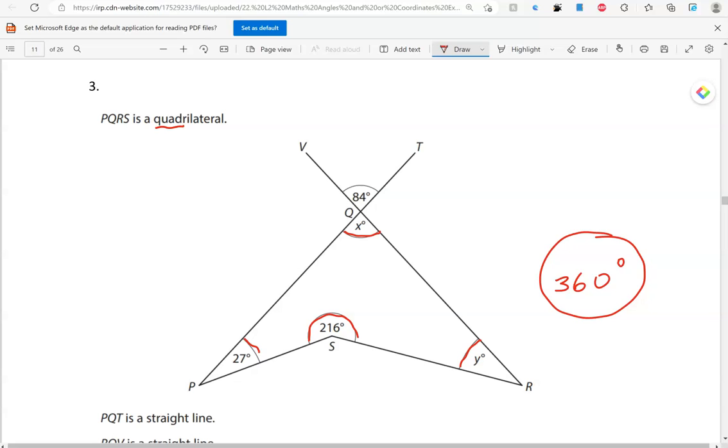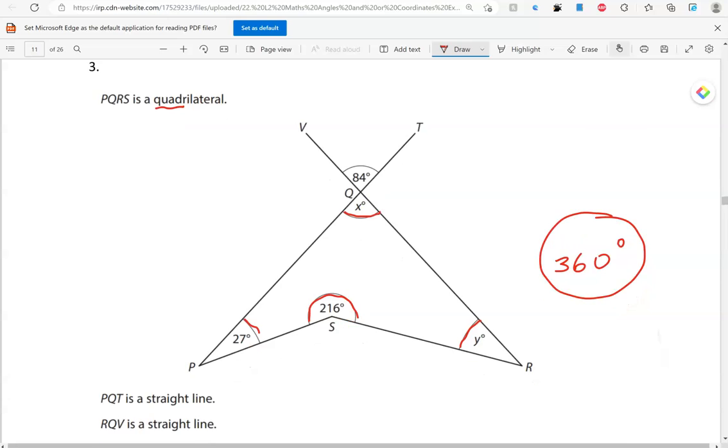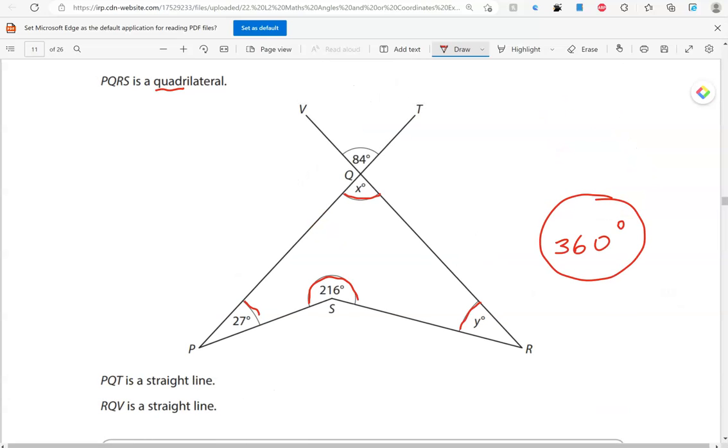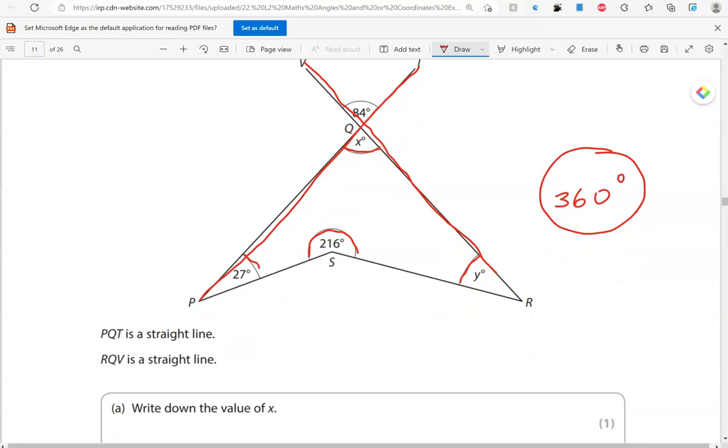So that's one thing to remember. PQT is a straight line. So that's this one here. RQV is a straight line. Write down the value of x.